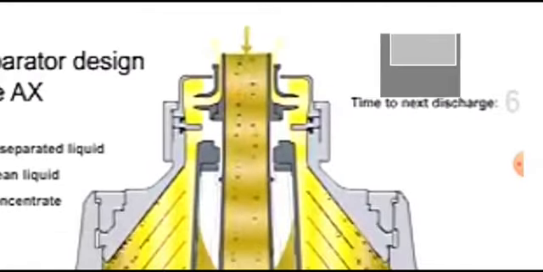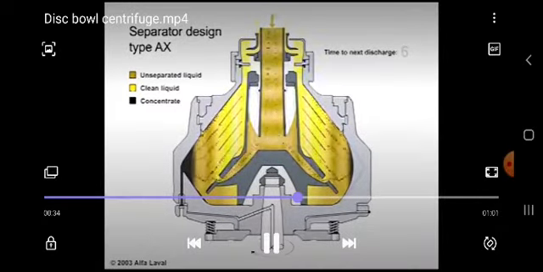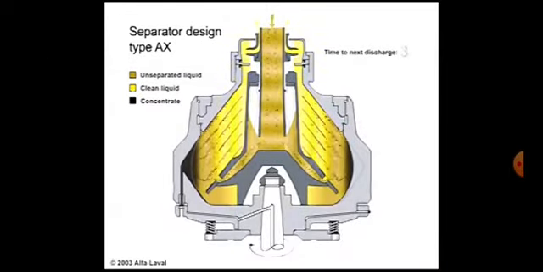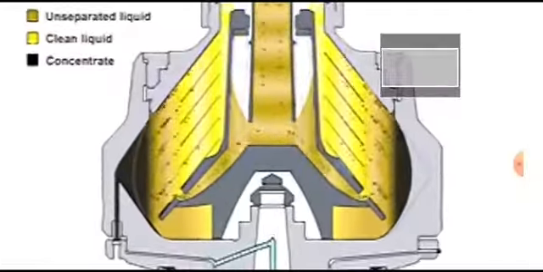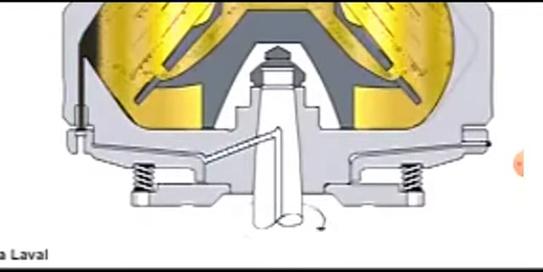This is the outlet. You can see the yellow color coming. So this is how the liquid comes out from this end, and the solids are discharged from the bottom. You can see the way of rotation of this rotor like this.